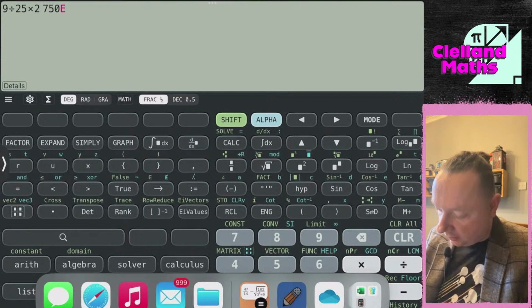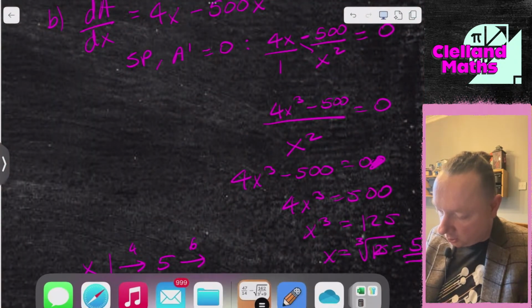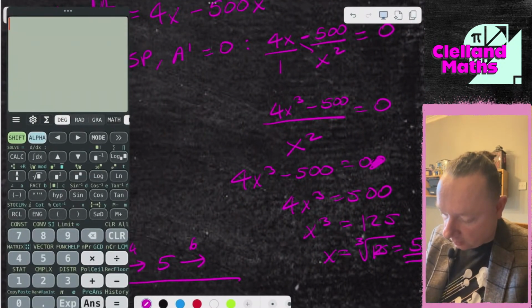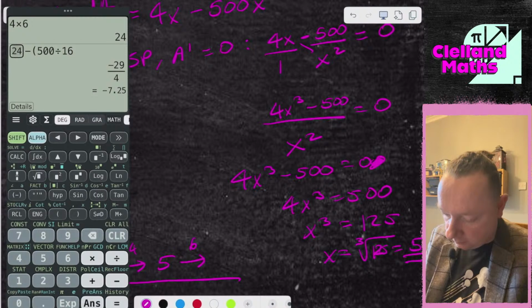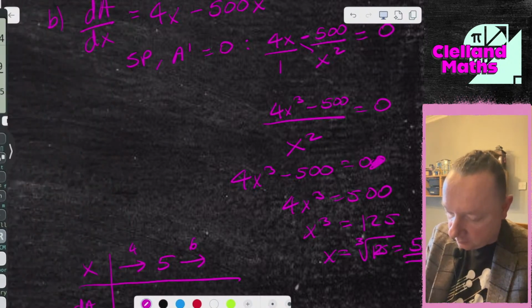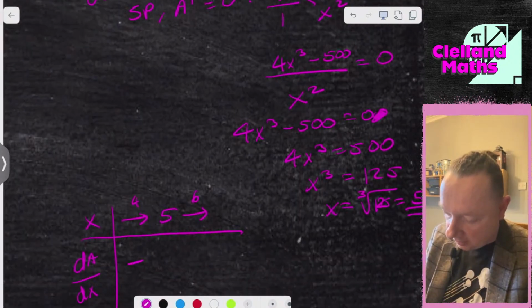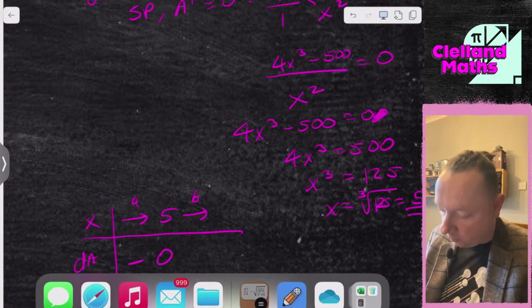These are usually calculator questions. So I'm just going to shove my calculator here and go, look, 4 times 6 is 24, minus 500 over 4 squared is 16. That's negative. So I can just say that's negative, and that's 0. And I've got a feeling 6 will be positive.